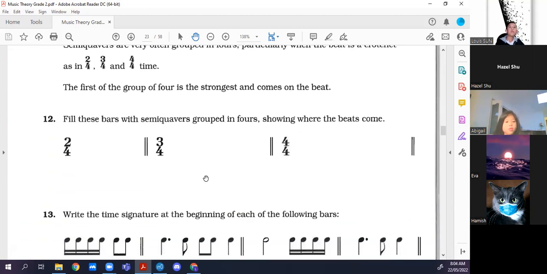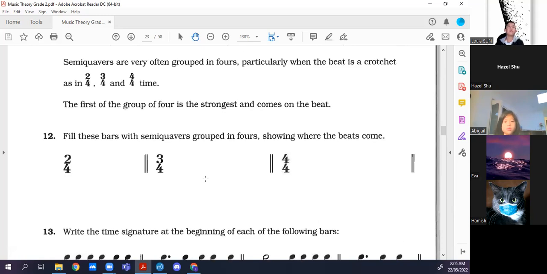Semiquavers are very often grouped in 4s, especially in crotchet time signatures like 2/4, 3/4, and 4/4 time. When you group semiquavers in 4s, they look like this.